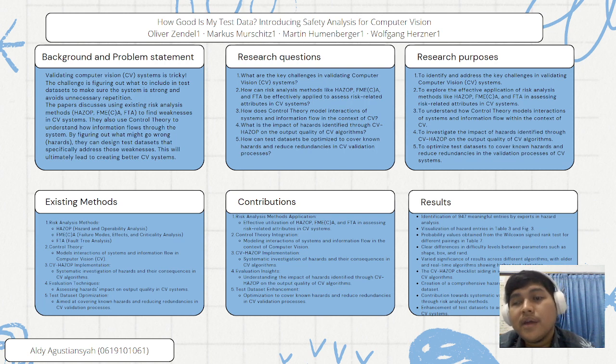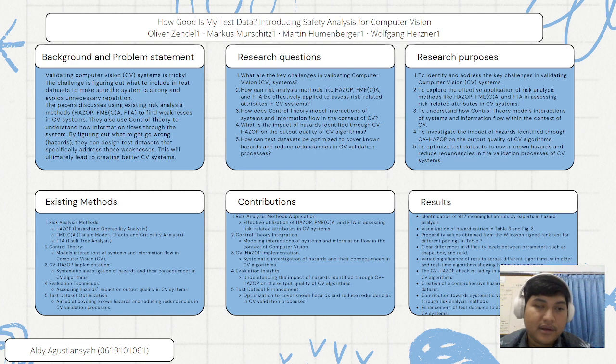Third, to understand how control theory models interaction of systems and information flow within the context of CV, computer vision. Fourth, to investigate the impact of hazards identified through CV HAZOP on the output quality of CV algorithms. Fifth, to optimize test datasets to cover known hazards and reduce redundancy in the validation process of CV systems.